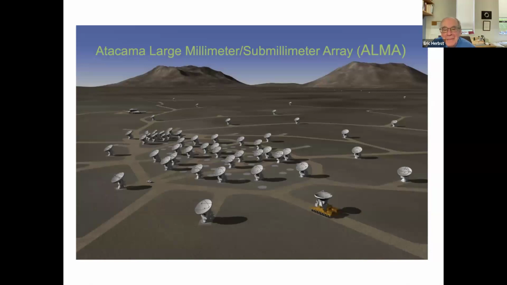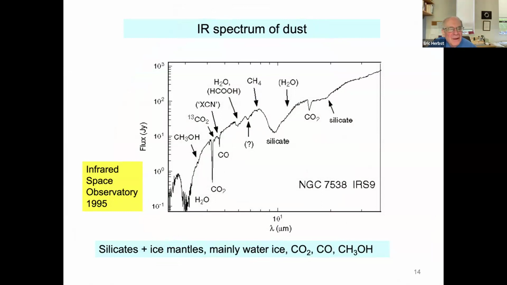The reason you want to move these individual telescopes depends on whether you want to see high-resolution objects that aren't so far away, or very, very distant ones, depending on how close together or how far apart the telescopes are. So this is clearly an improvement over the old single dishes. All right, that was in the radio.